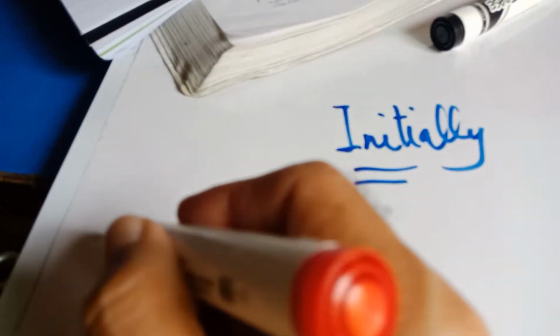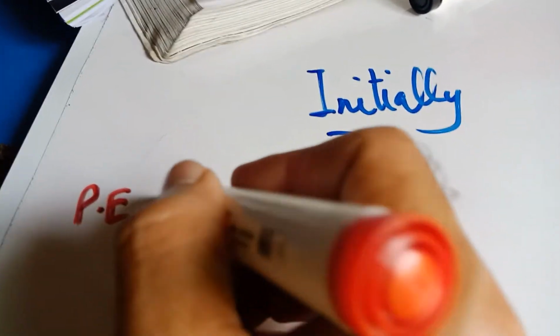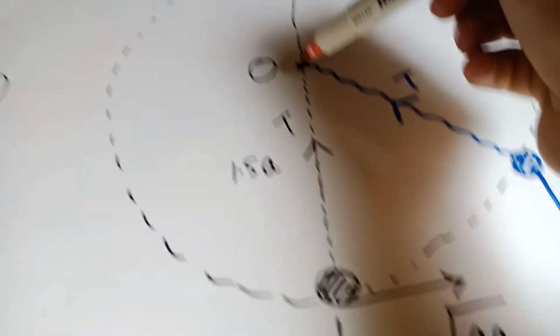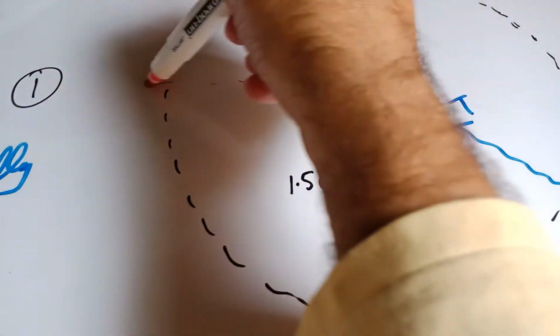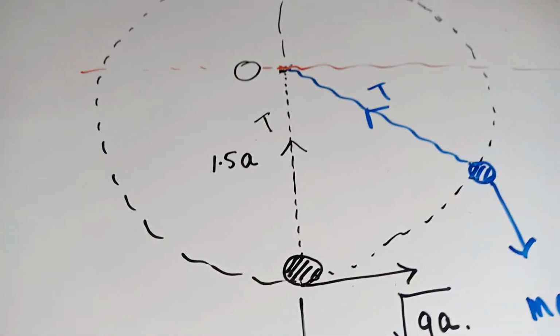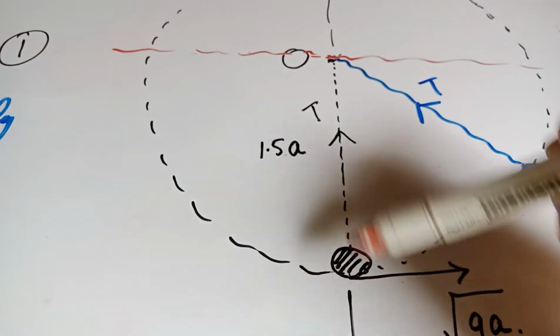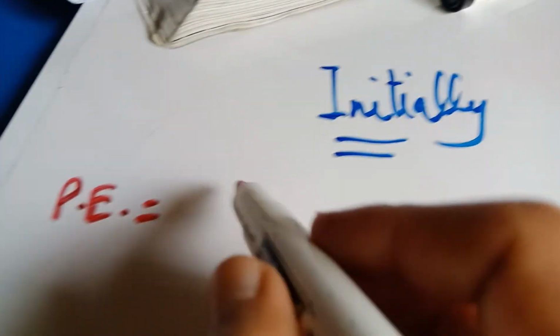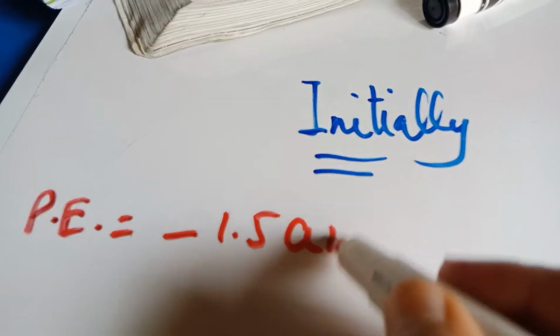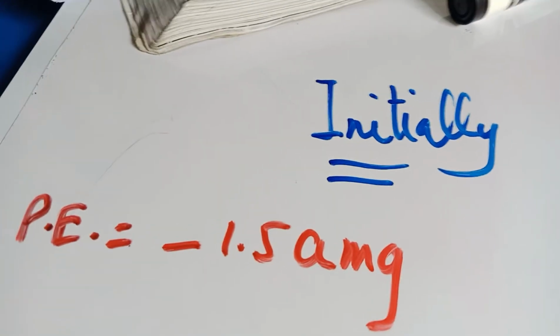Okay, initially, at this point, this is the level from where we're going to determine the potential energy. Right now this is 1.5a below this level. So the potential energy is going to be minus 1.5amg.